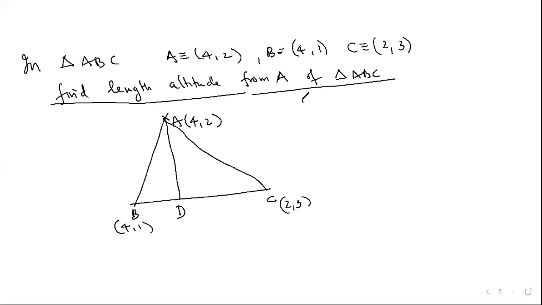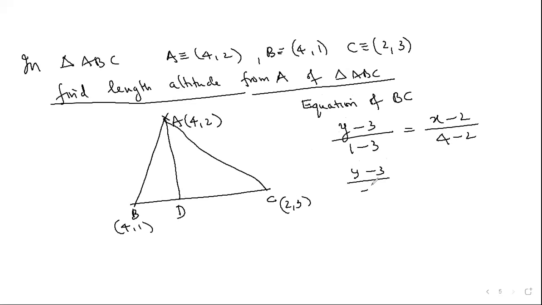So first you will find the equation of BC. Either you can find the equation of BC by using the 2-point formula, or you can use slope point form. That is your wish. So y minus 3 upon 1 minus 3 equals x minus 2 upon 4 minus 2.